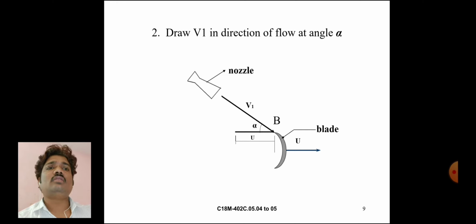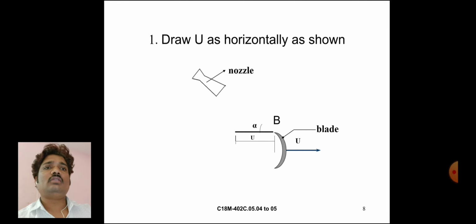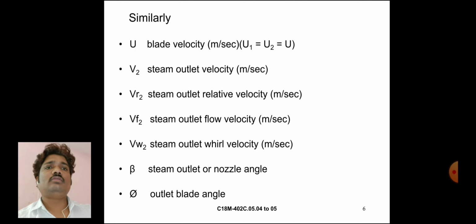This is the nozzle, and V1 is the direction of the steam inlet velocity, at angle alpha. This is a blade, B means blade. U means blade velocity.